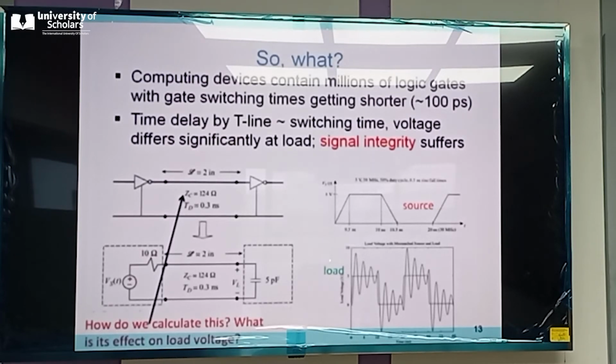Then the voltage at which this gate is switching from logic high to logic low will not be available at the other gate at the same time, and the second one will switch after a certain time delay.